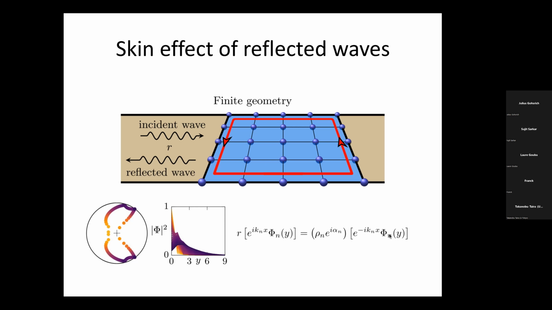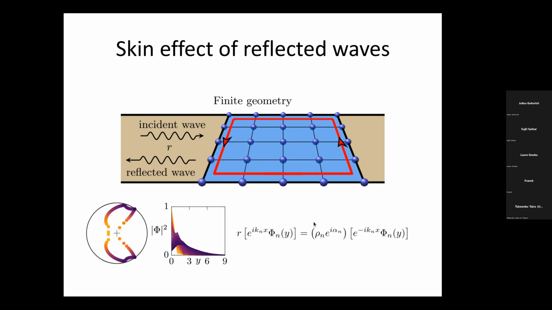And eigenvector means that the reflected wave, which automatically has the opposite velocity, has the same transversal component of the wave function. So on a physical level, saying that something is the eigenvector of this matrix means that if you were to have, by some kind of process, an incoming wave which has been selected to have this particular transversal wave function, then the reflected wave is guaranteed to have the same exact transversal wave function. So this means you've hit an eigenvector of the reflection matrix.